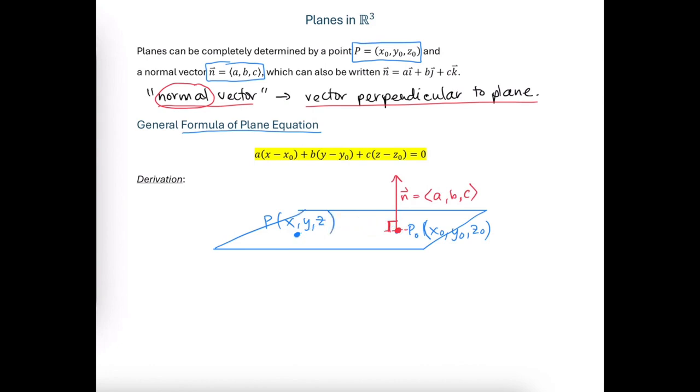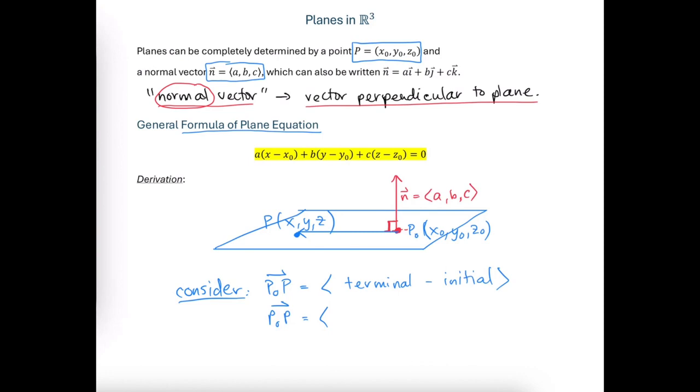And let's consider the vector from point initial to this arbitrary point in the plane. And we'll say for this derivation, we're going to consider the vector P naught P, so from point P naught to point P. And remember, when we're trying to get a vector, we're going to take these ordered triples and we're going to subtract them in the terminal minus initial order.